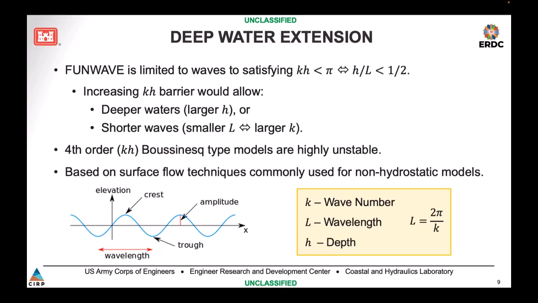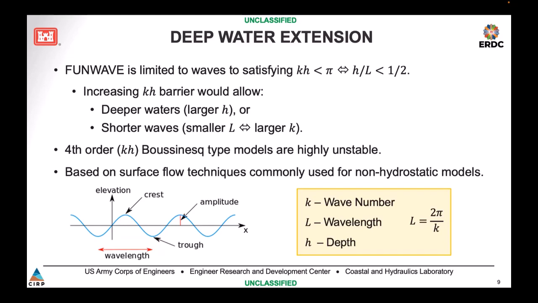As I mentioned, while we can relax the KH limit by extending Funwave to include fourth order terms, it's known that these fourth order Boussinesq type models are highly unstable. So the alternate approach we've tried is based on surface flow techniques, which are commonly used for non-hydrostatic waves.